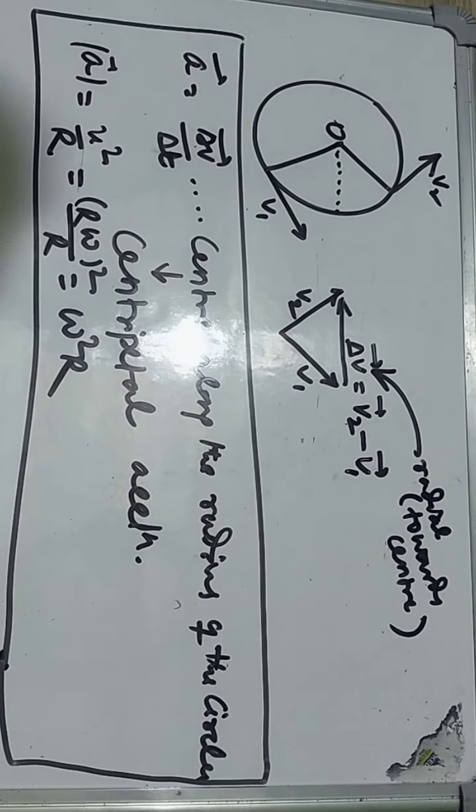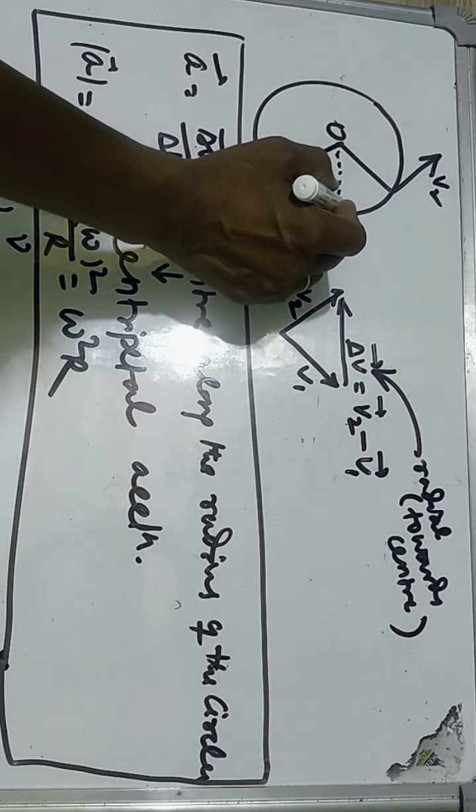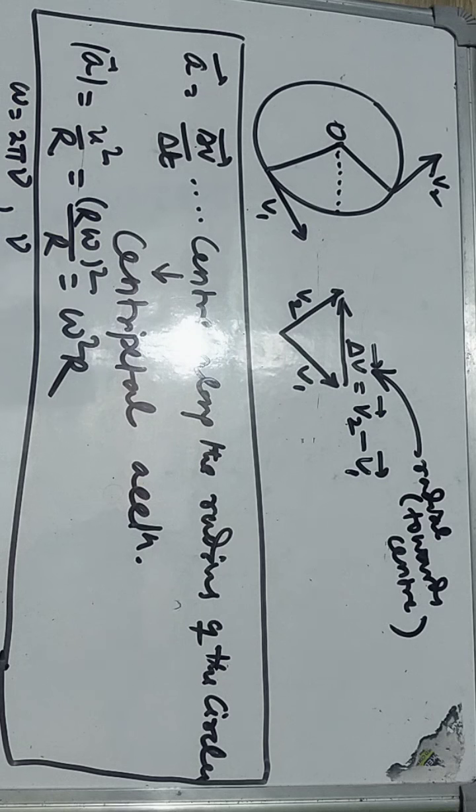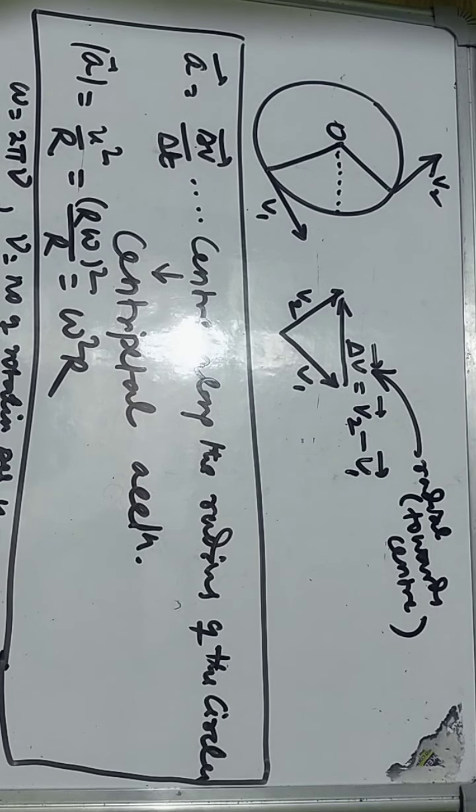In terms of frequency, we know omega is 2 pi mu, where mu is the frequency of rotation of the object, that is the number of rotations per second or per unit time, say per second.